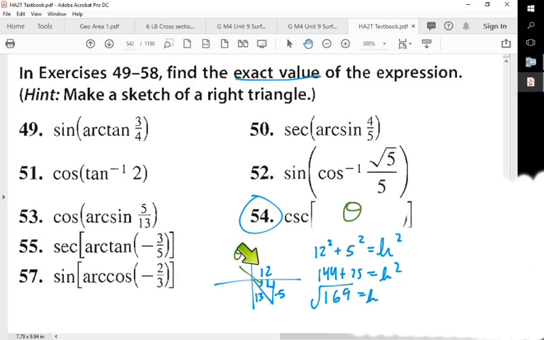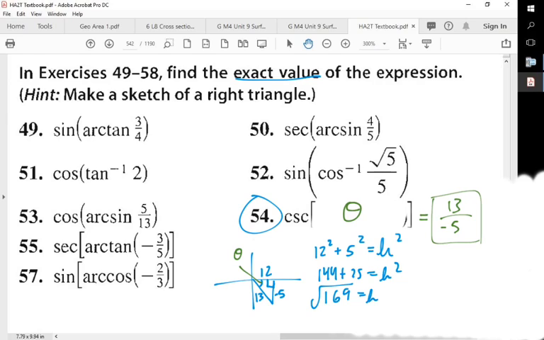How must we do such a thing? Well, we must know that cosecant is hypotenuse over opposite. What is the hypotenuse of our theta triangle? It is 13. Over the opposite, what is the opposite? -5. We are finished. And everybody said, yay.